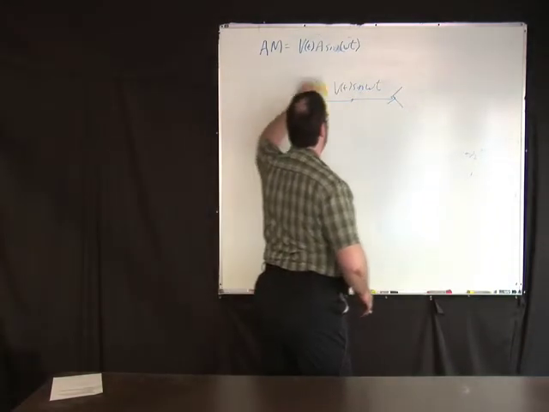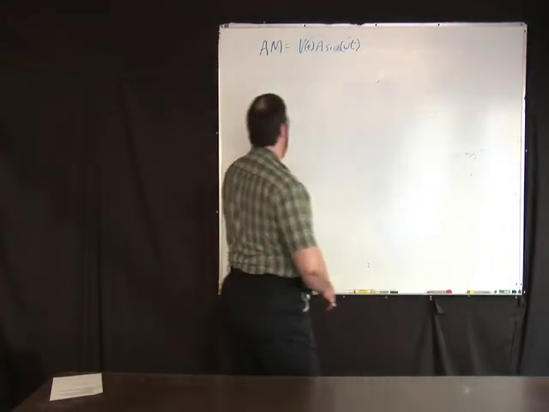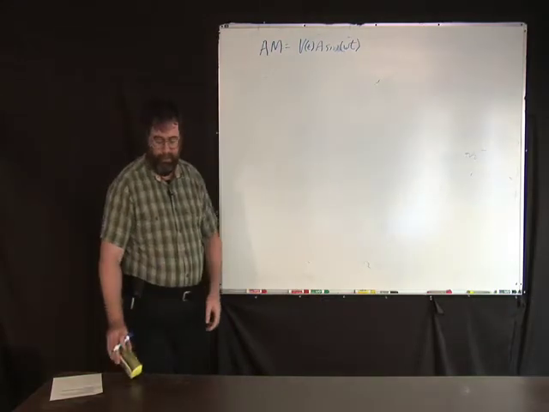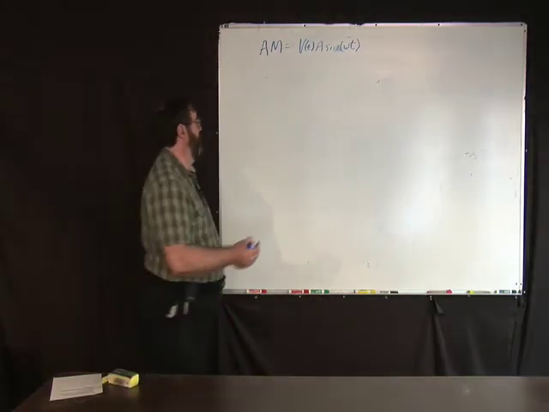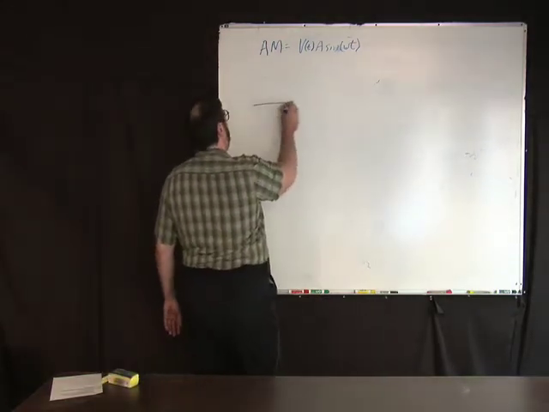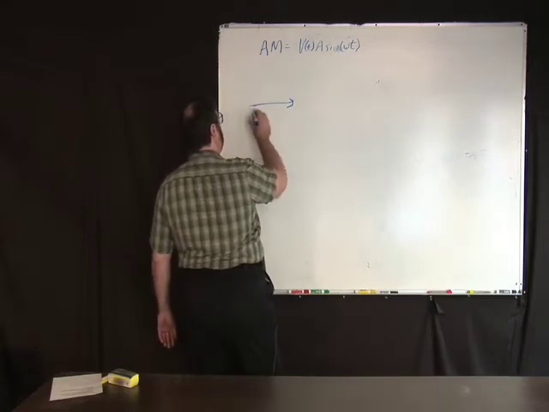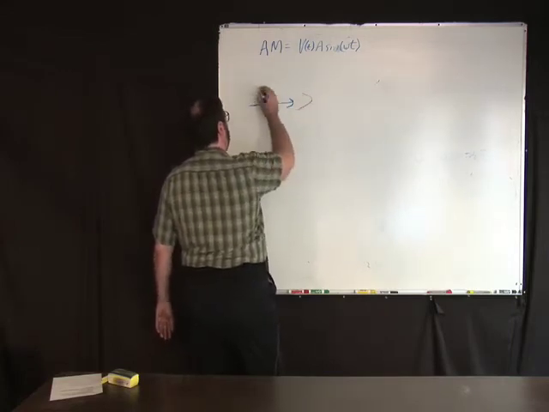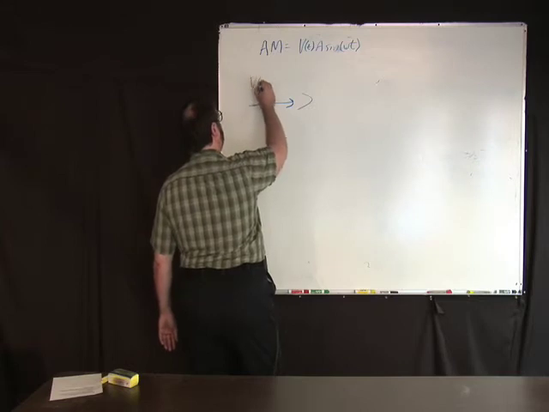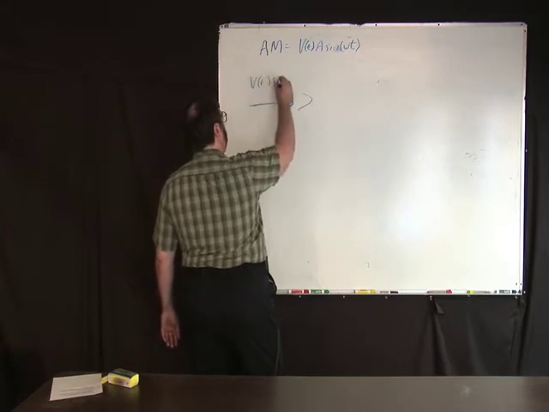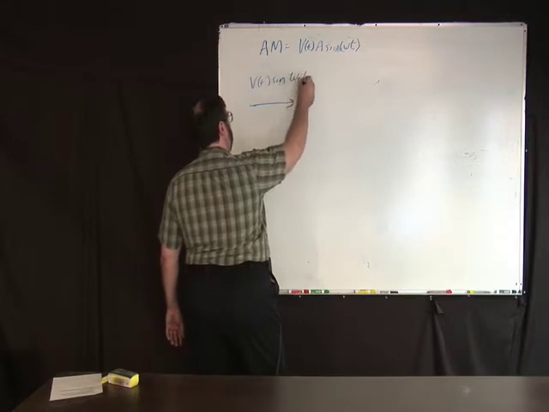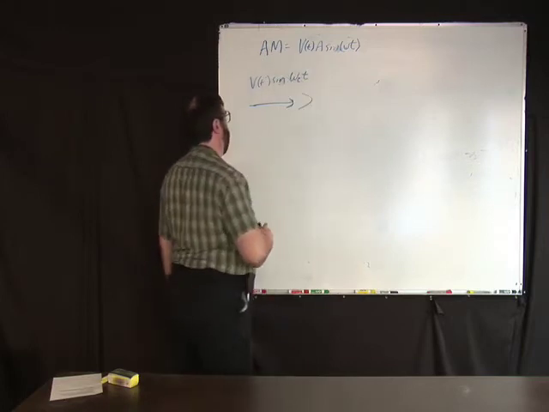So what's the other way around? What if you wanted to receive an AM radio broadcast? You have something coming into your antenna, which is some V of t sine omega carrier t. We'll just call it omega c.